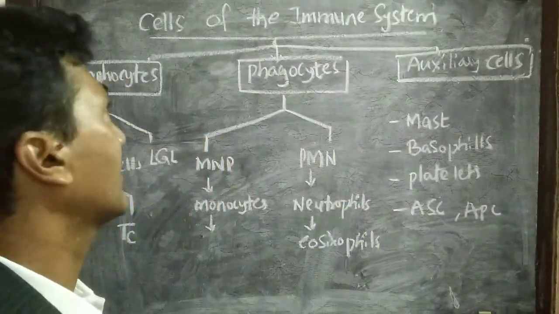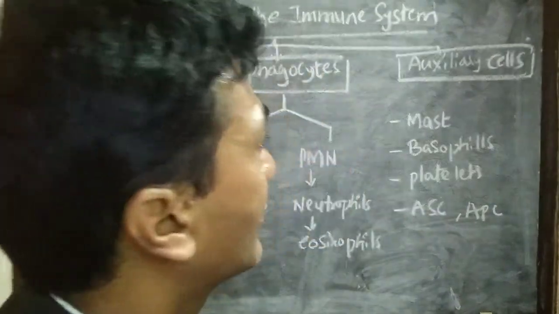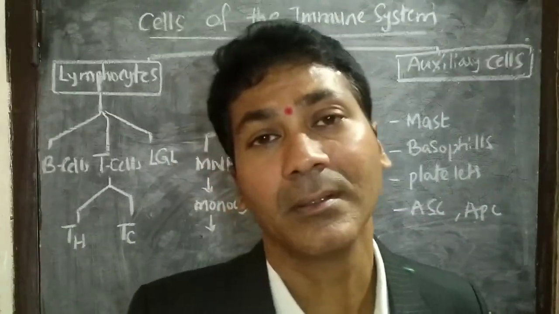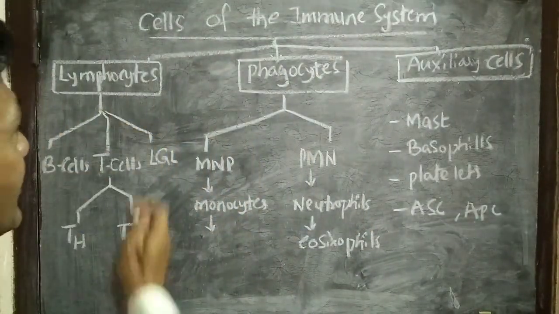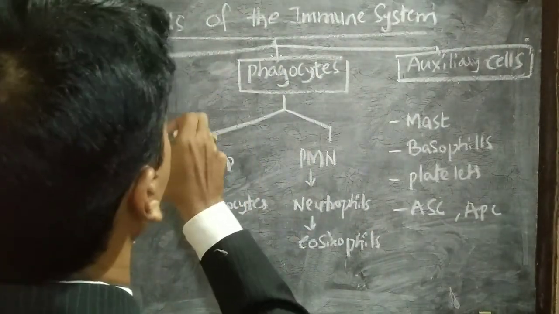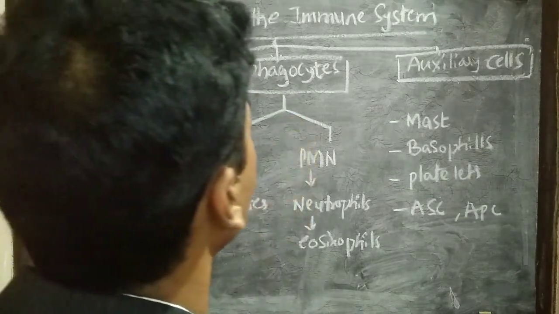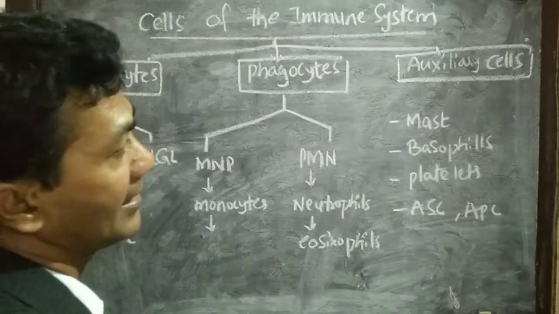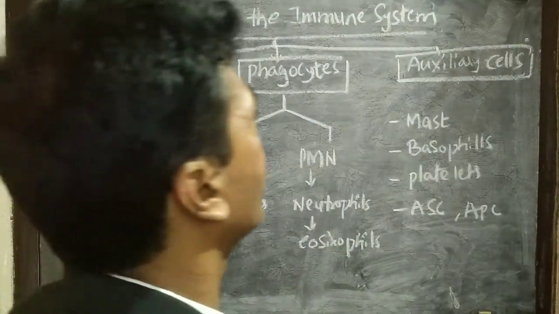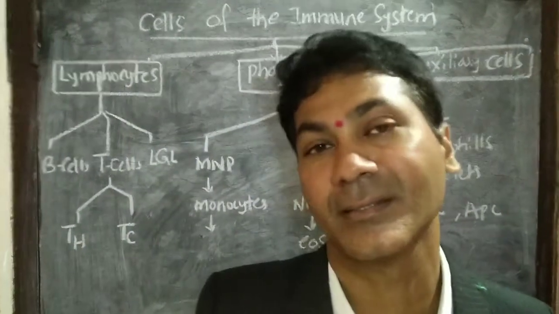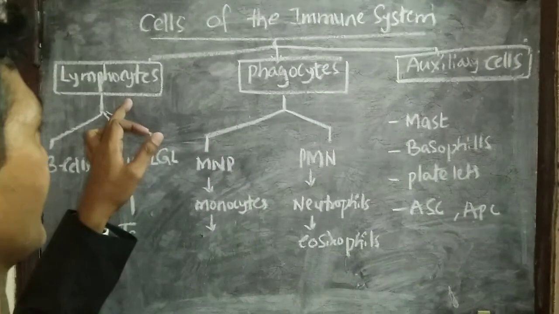We categorize three types of cells in the immune system based on their role and function. The first one, lymphocytes, which are the chief majority cells of the immune system; the second one, phagocytes; and the third one, auxiliary cells. In the entire immune system, the immunological responses are created by the lymphocytes.